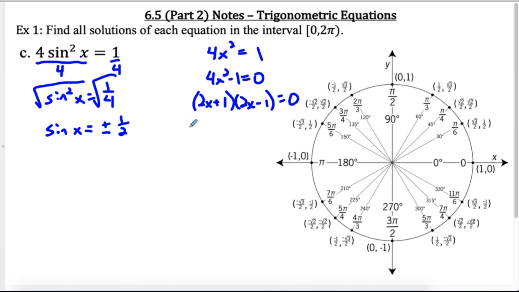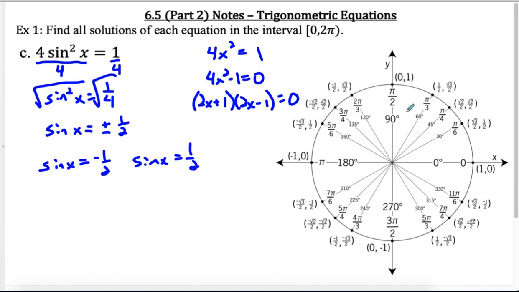Then that would really be 2 times sine of x plus 1 times 2 times sine of x minus 1. Solve each of those factors, and we would get sine of x equals positive 1/2 and sine of x equals negative 1/2. So now, like I just said, we've got sine of x equals negative 1/2 and sine of x equals positive 1/2.